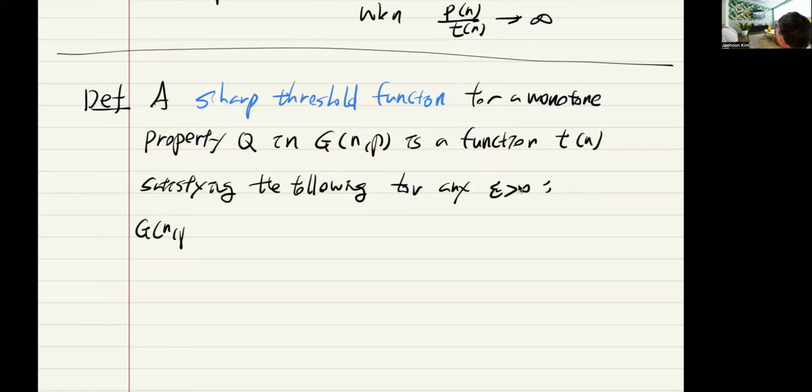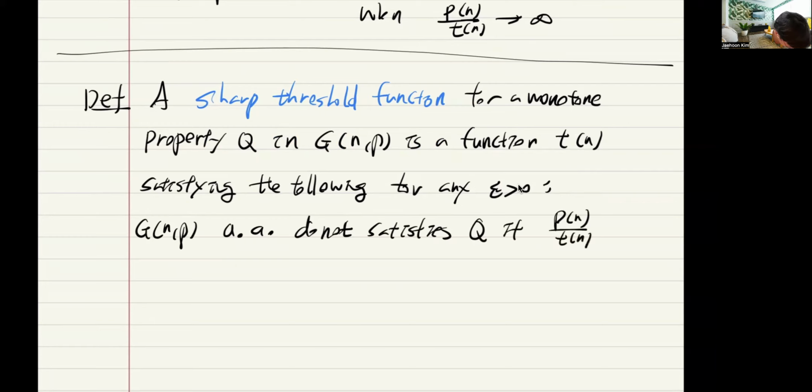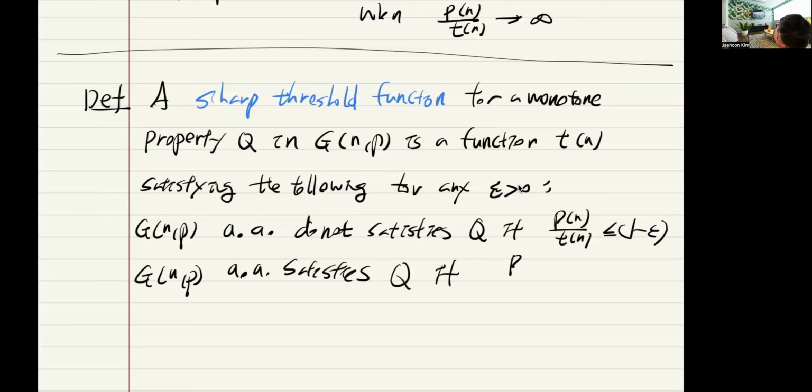Again, G(n,p) almost always does not satisfy Q if p(n) over T(n) is smaller than 1 minus epsilon, and G(n,p) almost always satisfies Q if p(n) divided by T(n) is bigger than 1 plus epsilon.